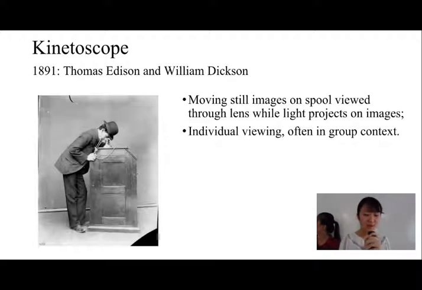In 1891, the inventor Thomas Edison, together with William Dickson, came out with the Kinetoscope. It was a cabinet with a window through which individual viewers could experience the illusion of a moving image.